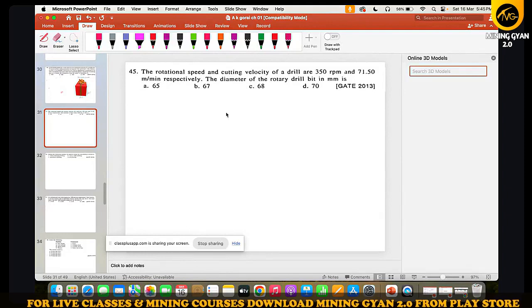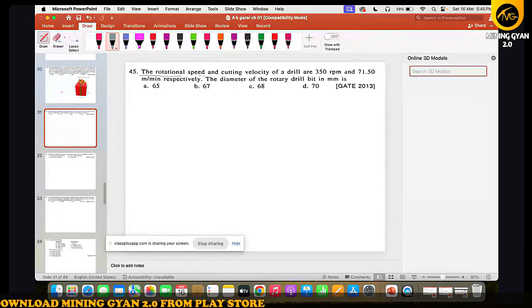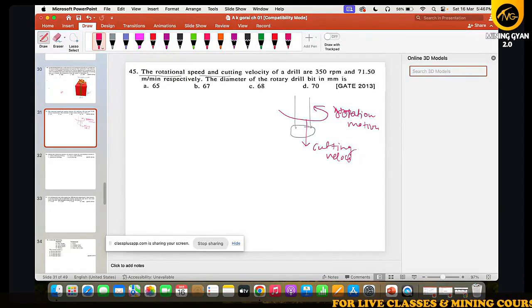Okay, in this question he has given us the rotation speed and cutting velocity. See, what happens with a drill bit: this is the drill bit. One is rotation motion and one is cutting speed, cutting velocity, and this will be the diameter.